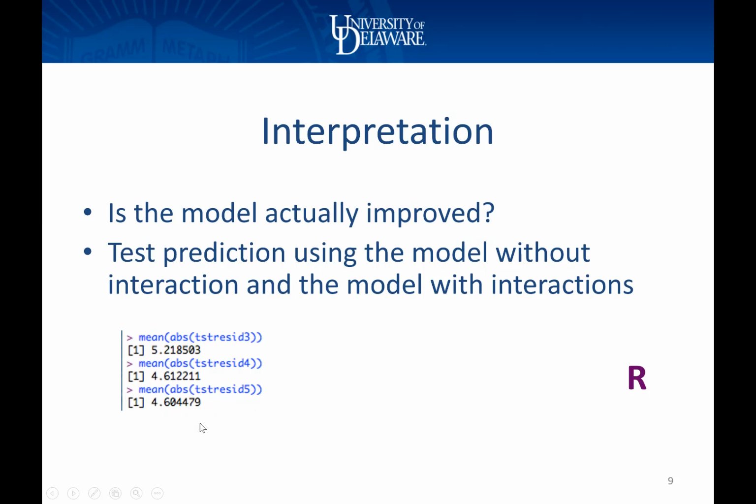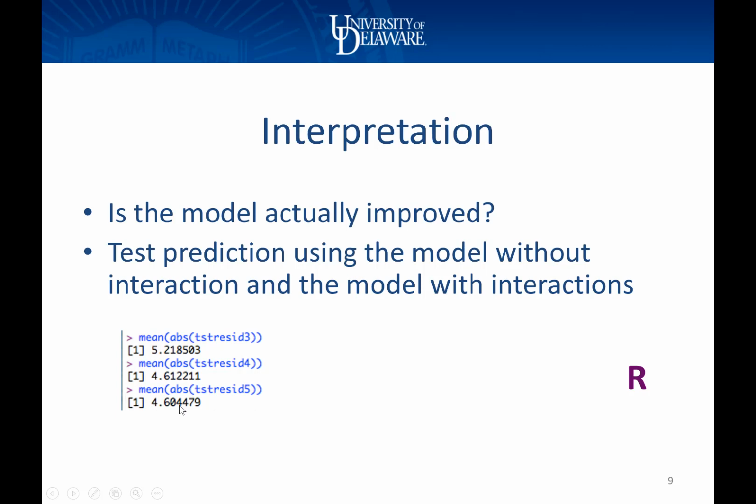It looks like in all three cases, we're still going to be off of our fare prediction by about $5-ish. When we go from just tip to tip plus credit, we're improving our estimation on average by 60 cents, which is great. But when we add in the interaction, we're only improving by an additional penny.